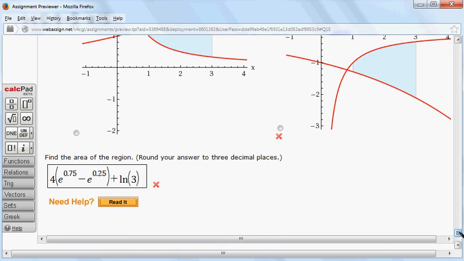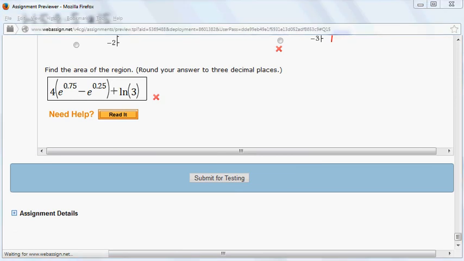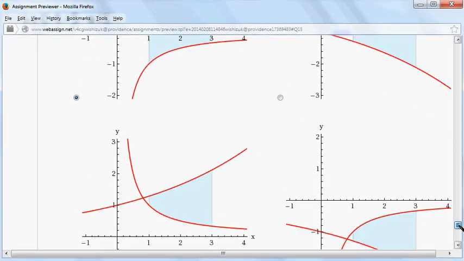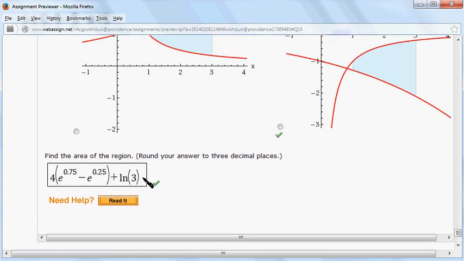Let's check, submit for testing. It came back and looks like we have the correct region and the correct area. That's it. I hope that this was clear.